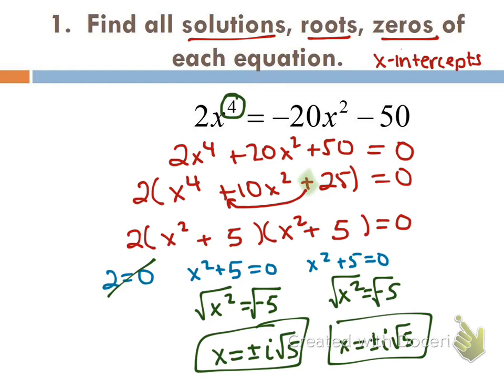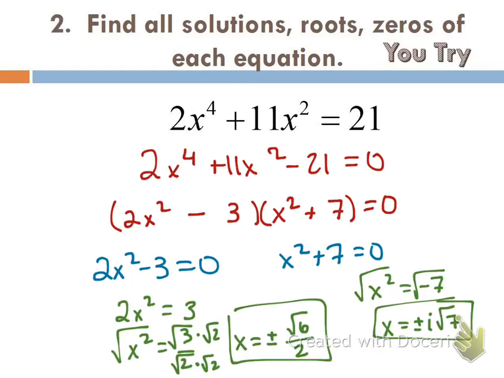Okay, please pause this video now so that you can try problem number 2. Okay, so after I moved the 21 to the left side, it factored into 2x squared minus 3 times x squared plus 7. I set both factors equal to 0. When I solved the first one, 2x squared minus 3, I add 3 to both sides and divide by 2.